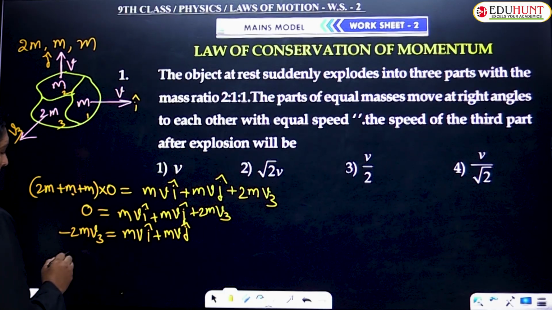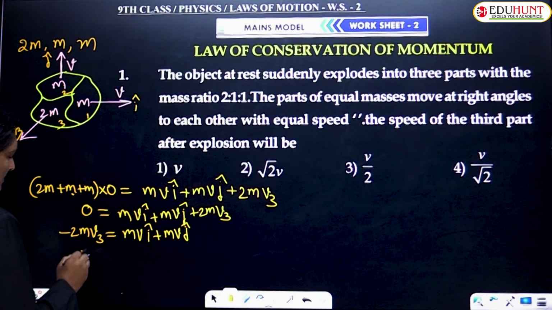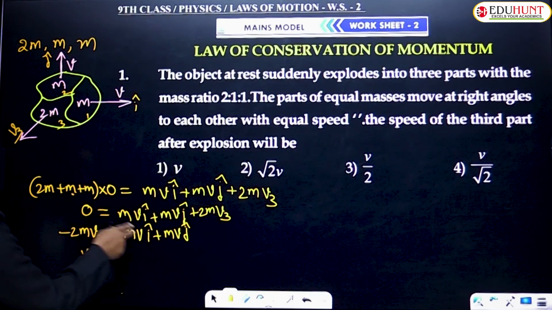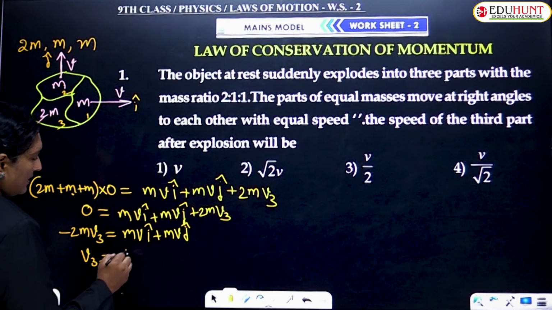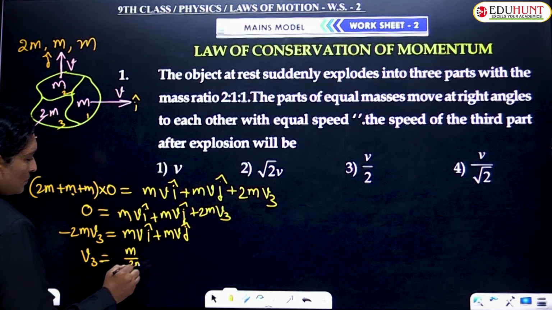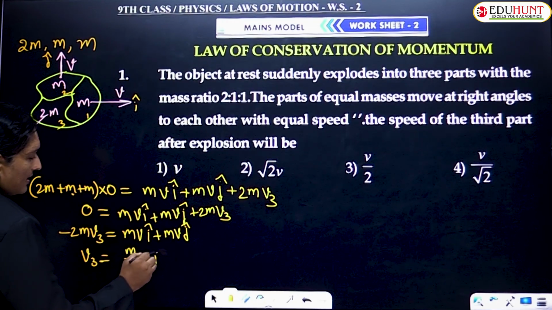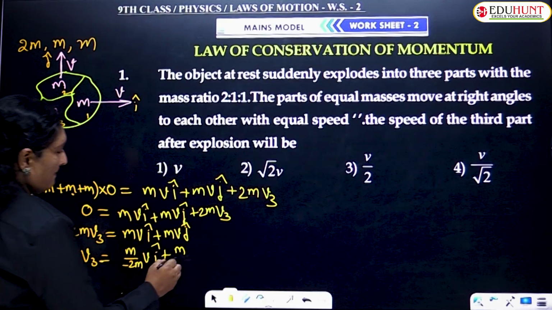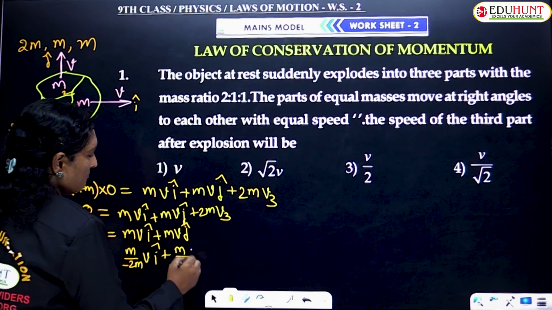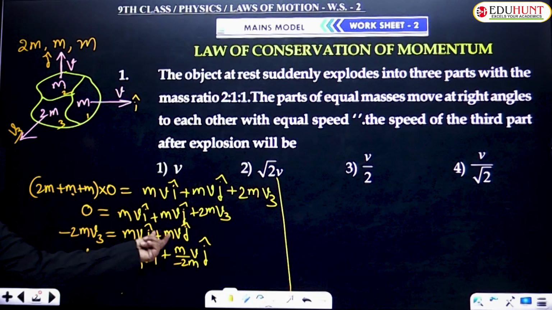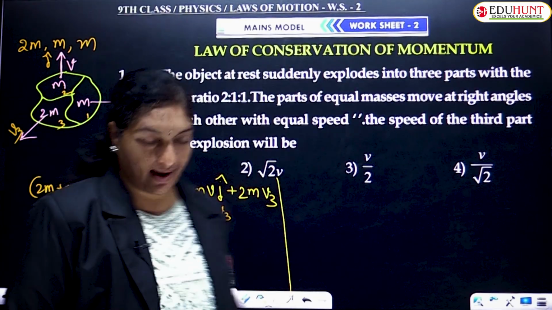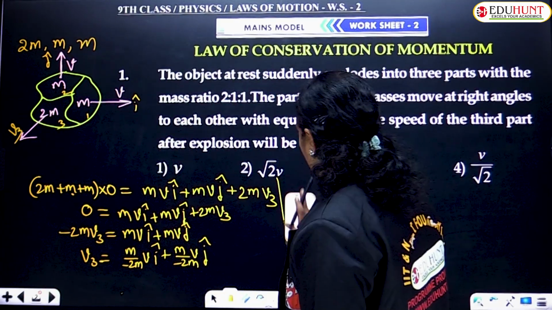Taking mv common, v3 must be equal to, bringing this minus 2m to the other side, m by minus 2m v i cap plus m by minus 2m v j cap. That's it. I just brought minus 2m to the right side, so it becomes the denominator.